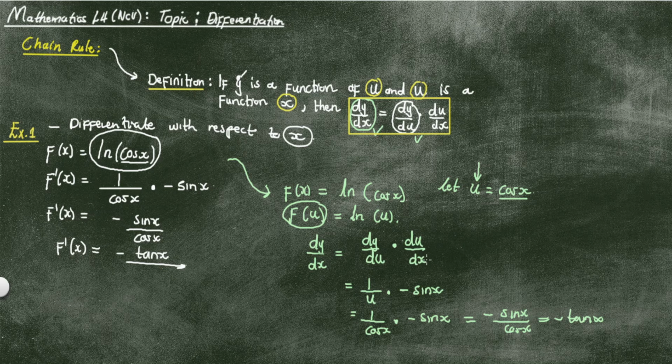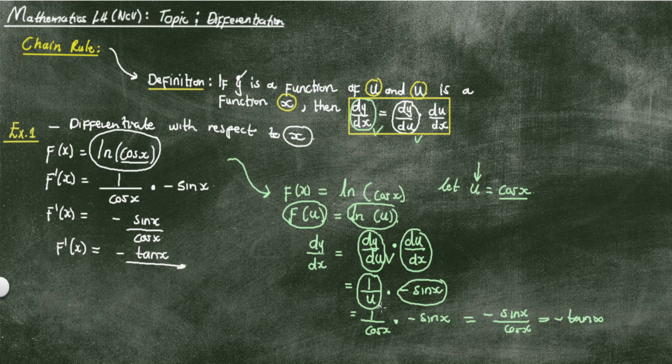So we are actually differentiating with respect to x, right? Not with respect to u, but I'm differentiating the first function with respect to u because I expressed my function in terms of u. So the derivative for du over dx is this.